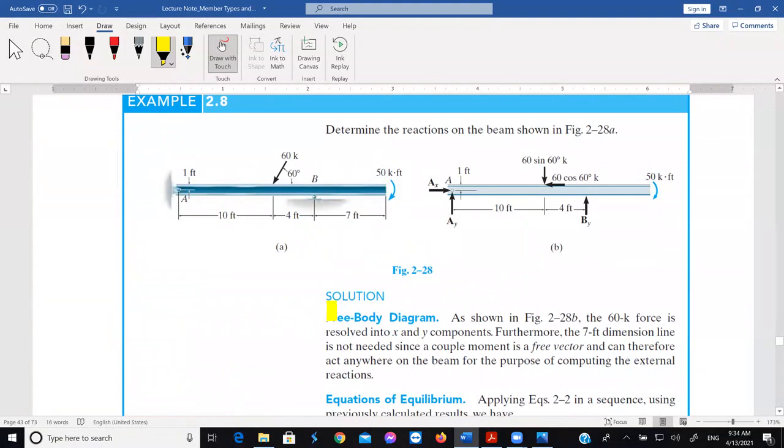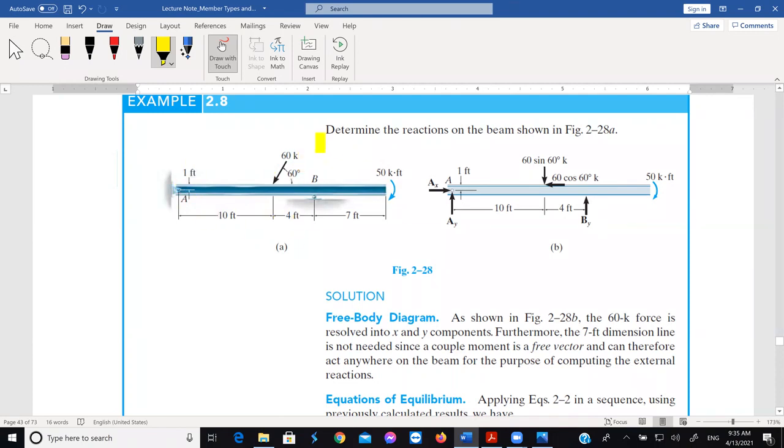Now I'm going to discuss or show a few examples to determine the reactions of external forces using the principle or equations of equilibrium. So this is a very simple example, and we'll just show how we can determine the reactions of external forces.